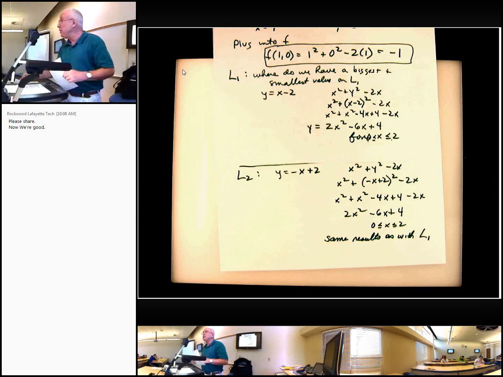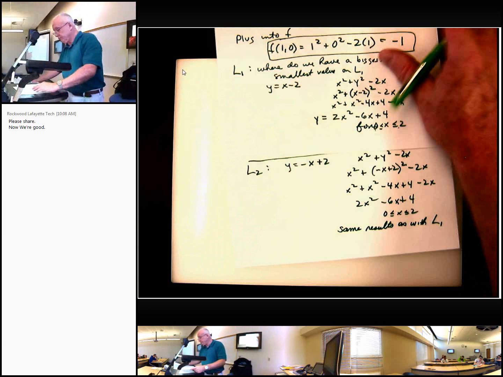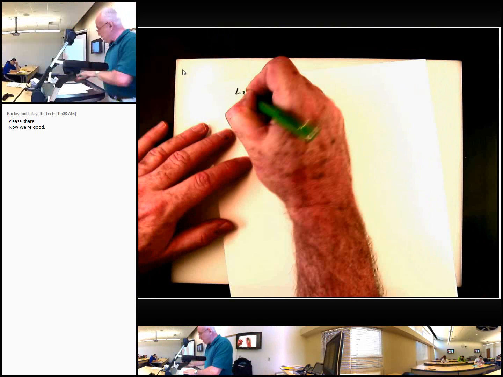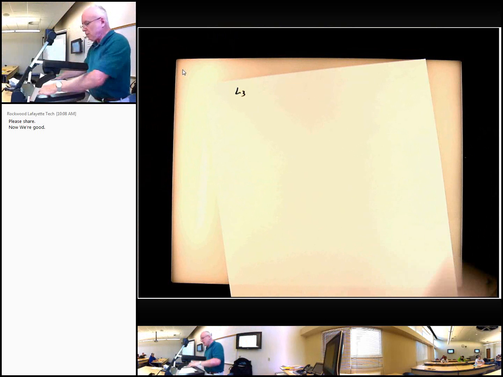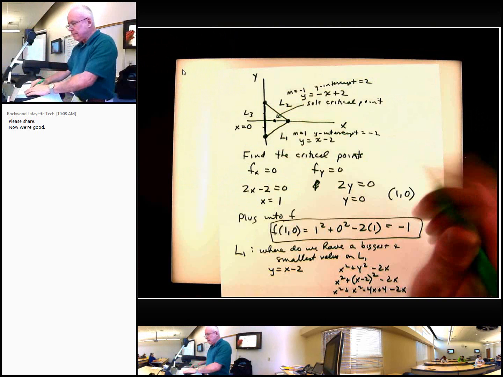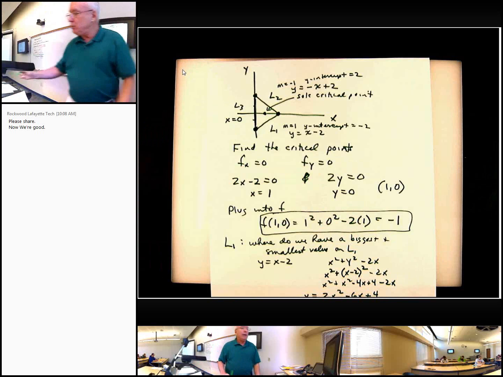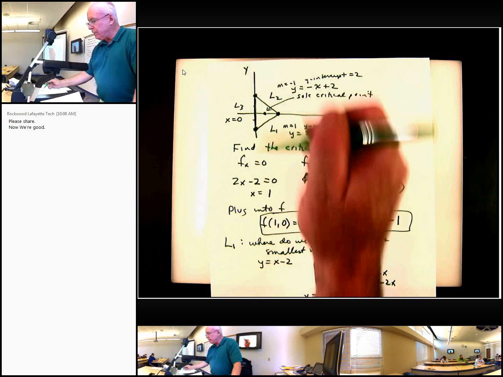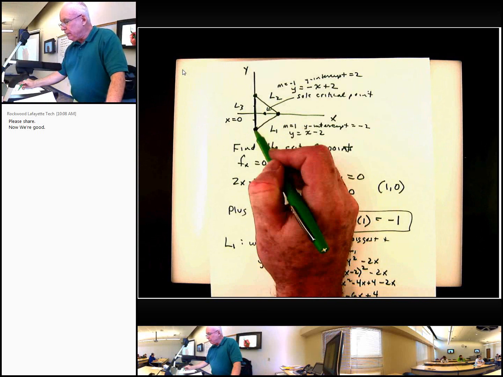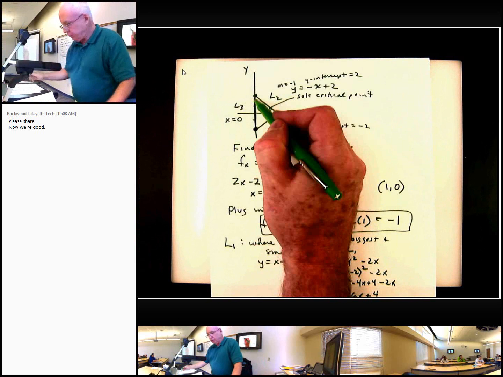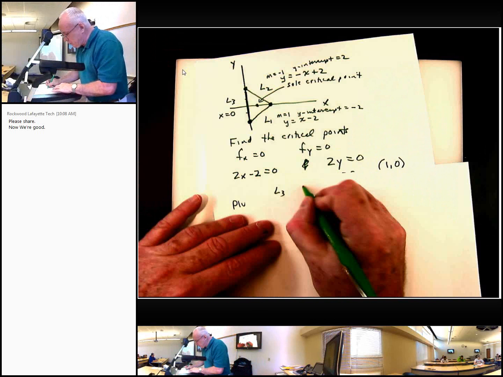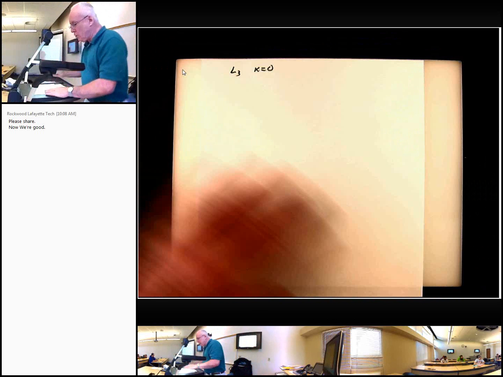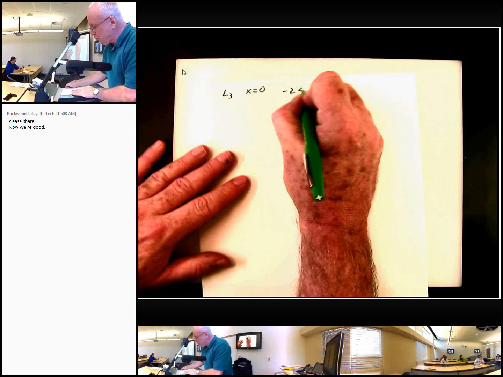And now let's look at L3, our last line. Now L3, that was, where's my picture of L3? There. L3 was the line x equals 0. Not the entire line, that's for y going from -2 to +2, all right? So let's put this down. It's x equals 0, but y is only going from -2 to +2.